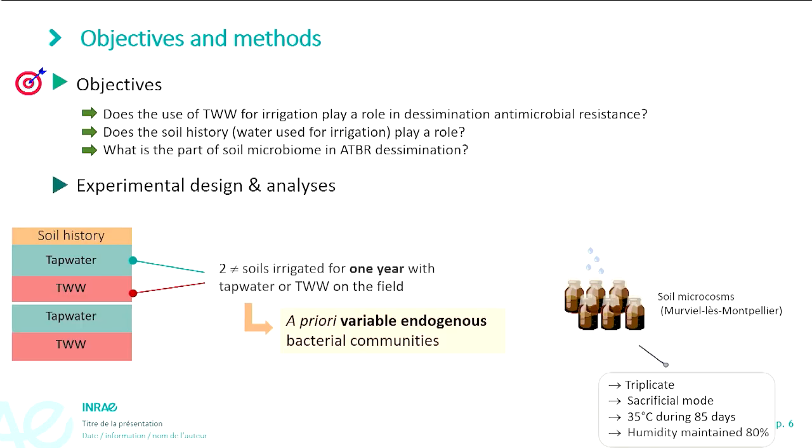To do this, we've designed an experimental setup with 2 historical soils: a tap water soil, which has been irrigated for 1 year with tap water, and a treated wastewater soil, which has been irrigated for 1 year with treated wastewater, with a priori viable endogenous bacterial communities. We've performed the experiments in a soil microcosm.